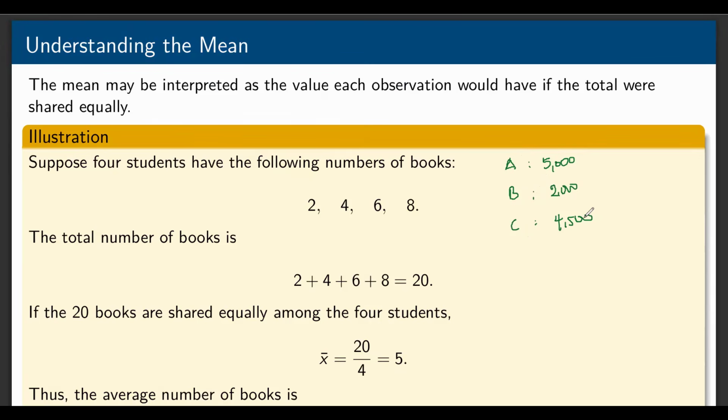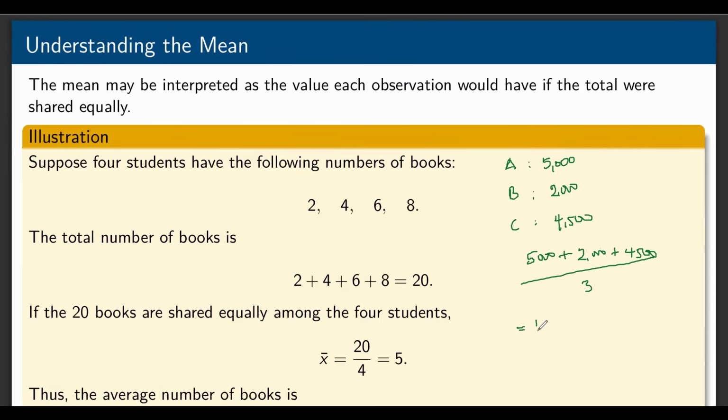Now there are three staff here with different salaries or wages. When we talk about the average or the mean, we are saying that just in case we wanted each of these to have the same amount, how can we go about it? We can just sum the individual salaries and divide by 3 because there are 3 of them.